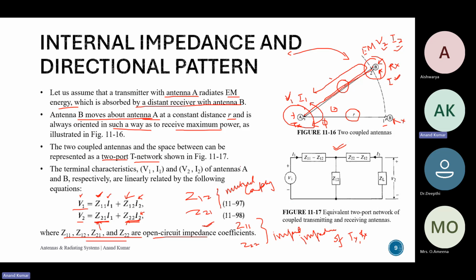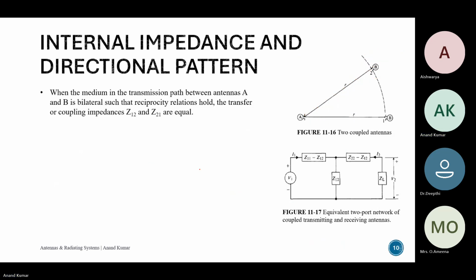Okay, so we'll continue then. The medium in the transmission path between antennas A and B is bilateral. That's what we were discussing in the previous slides, such that the reciprocity relations hold. The transfer or coupling impedances Z12 and Z21 are equal.